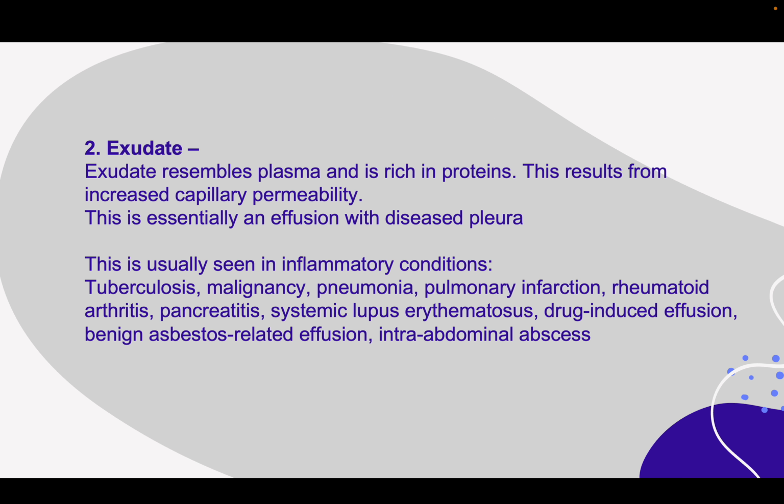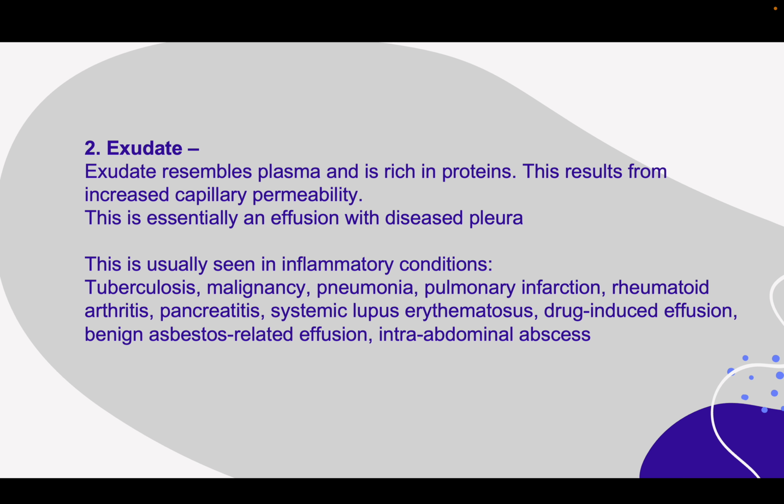But in exudate, because there is a lot of plasma and it is rich in proteins, it makes the appearance cloudy or dirty. So that is usually caused by the plasma and proteins.